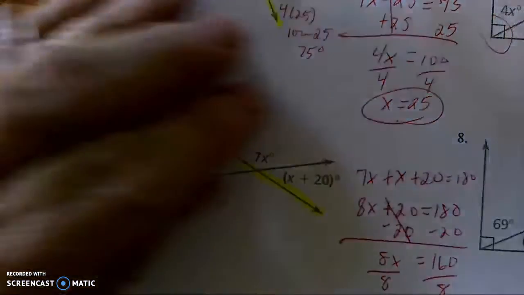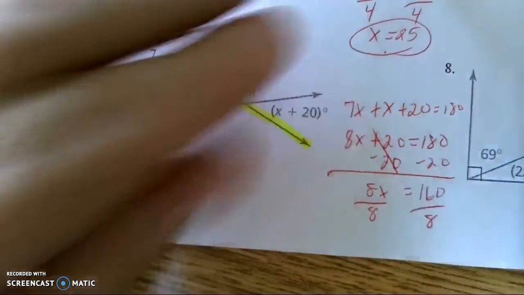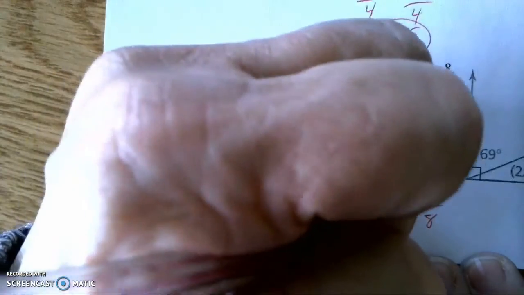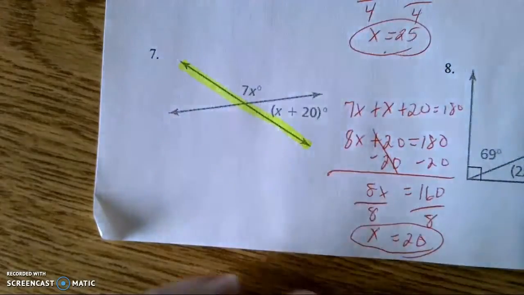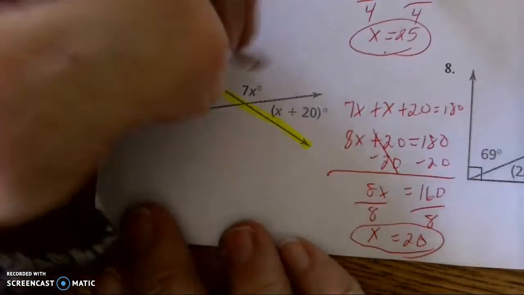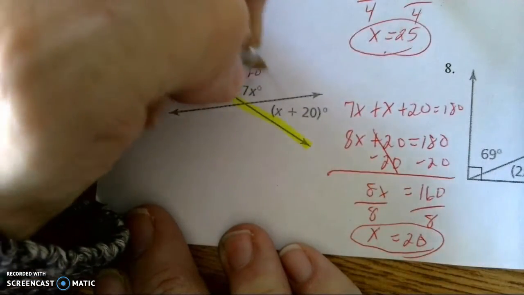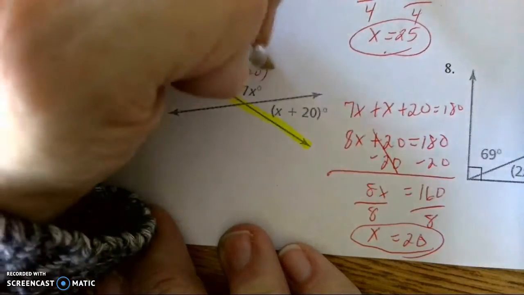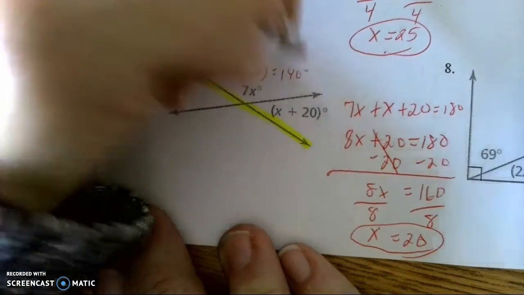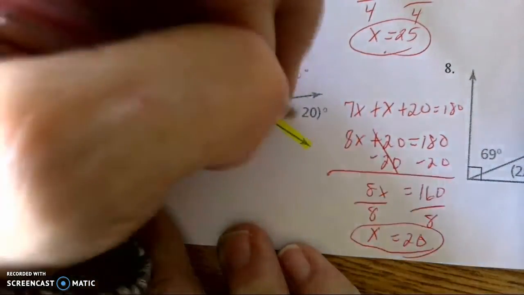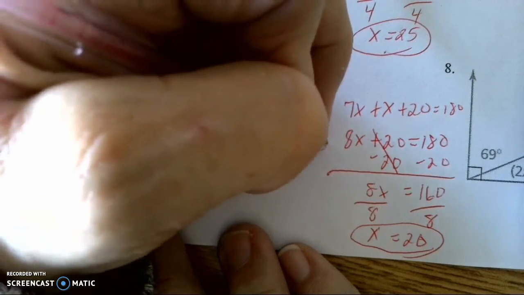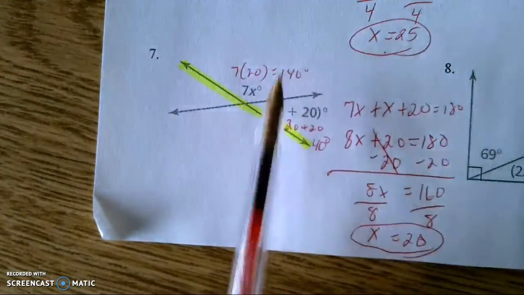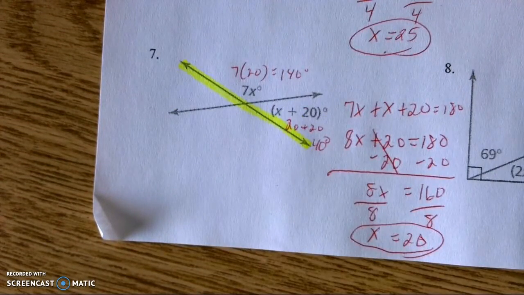Divide both sides by 8. X equals 20. Again, to figure out your angle measures, 7 times 20 equals 140. 20 plus 20 equals 40. And 140 plus 40 is 180.